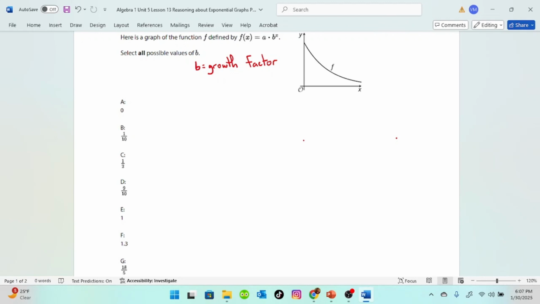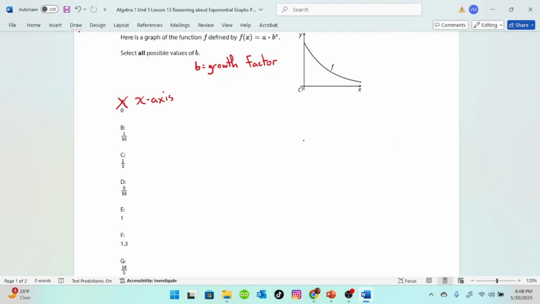So the first choice is 0. Well, if I multiply by 0 over and over again every time x changes, I'm always going to end up with a y value of 0. So this would actually result in the x-axis. As x is increasing, y continues to be 0. So that does not match.